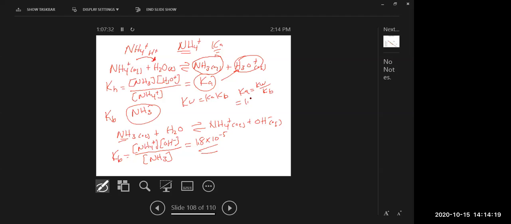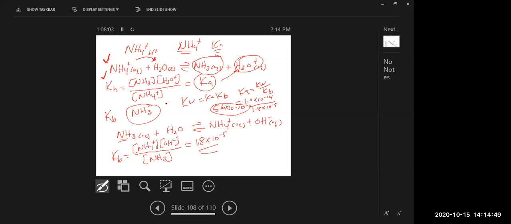In my example here, 1 times 10 to the minus 14 divided by 1.8 times 10 to the minus 5, which you can find on the table. If you do that, you will get a value of 5.6 times 10 to the minus 10. This value is the Ka value for this reaction, or the hydrolysis K value. And that is where you should find it.